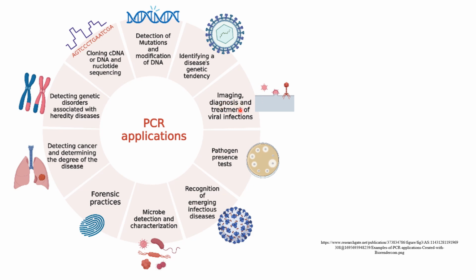We're able to check if the patient has recovered from COVID by doing another PCR, checking presence of pathogens, recognizing emerging infections or infectious diseases, microbe detection, forensics, and finally cancer. So it has multiple applications.